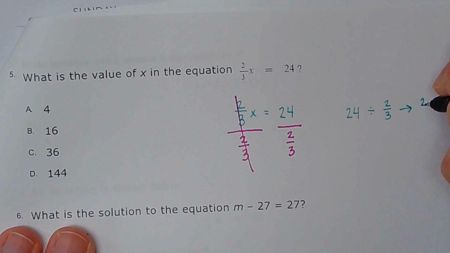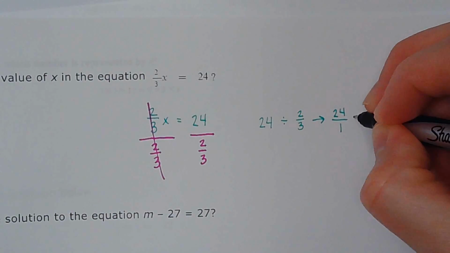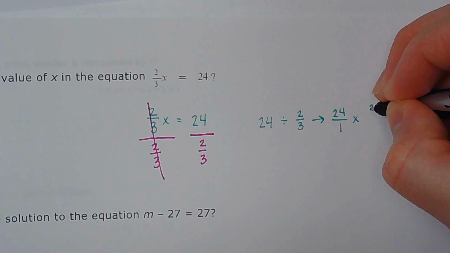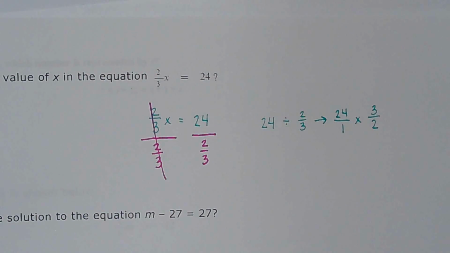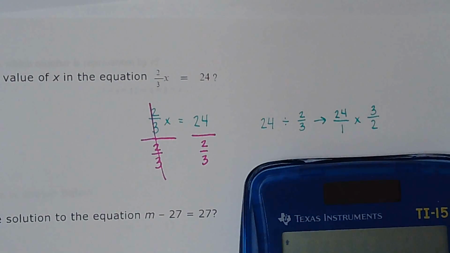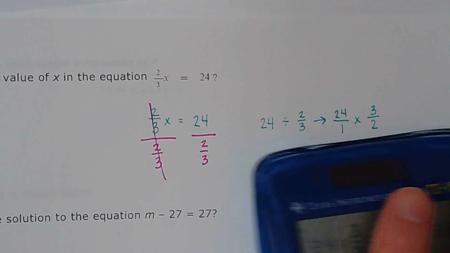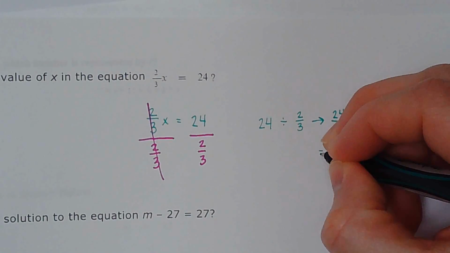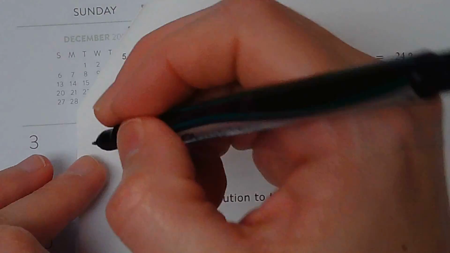So it's going to be 24 over 1, times, flip that, so it's going to be 3 over 2. Some of you like to cross cancel, some of you don't, so I won't do that. So we can just multiply it if you want to. So 24 times 3 over 2 is going to leave me with 36. So it has to be C.